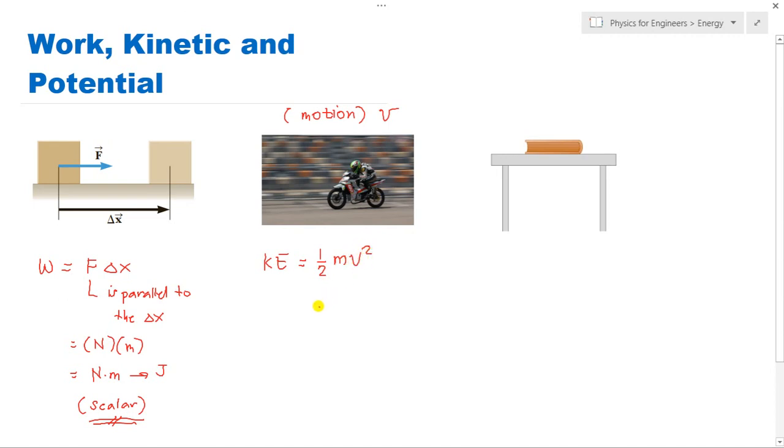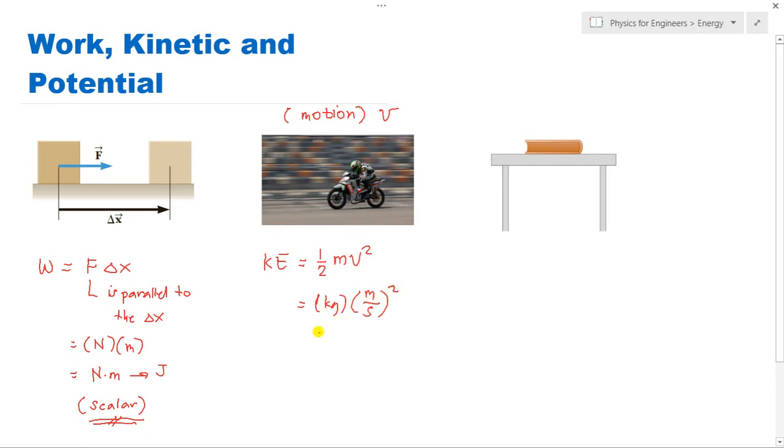The more massive the object, the higher the kinetic energy, and the faster it moves, the higher its kinetic energy.